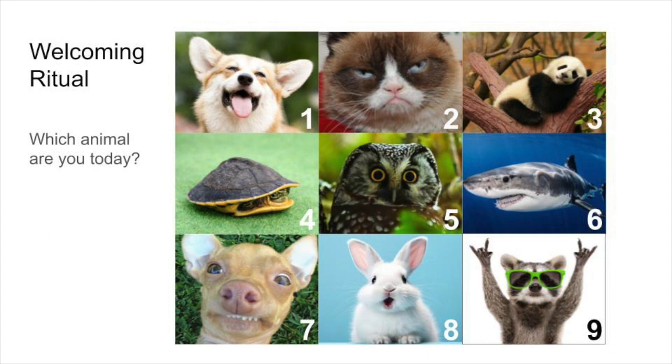To begin, I want to know how you're feeling. How are you doing today? On our animal scale here, how are you feeling? Emily, how are you feeling today? A 1? Great, glad to hear it.